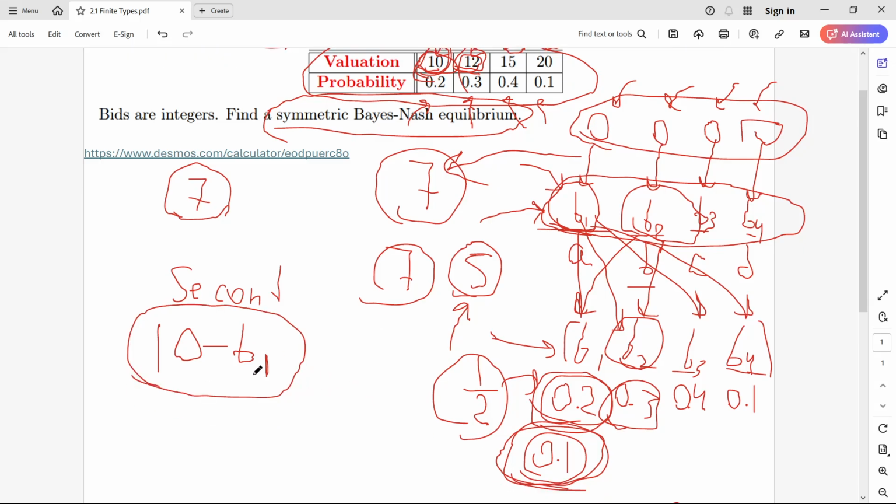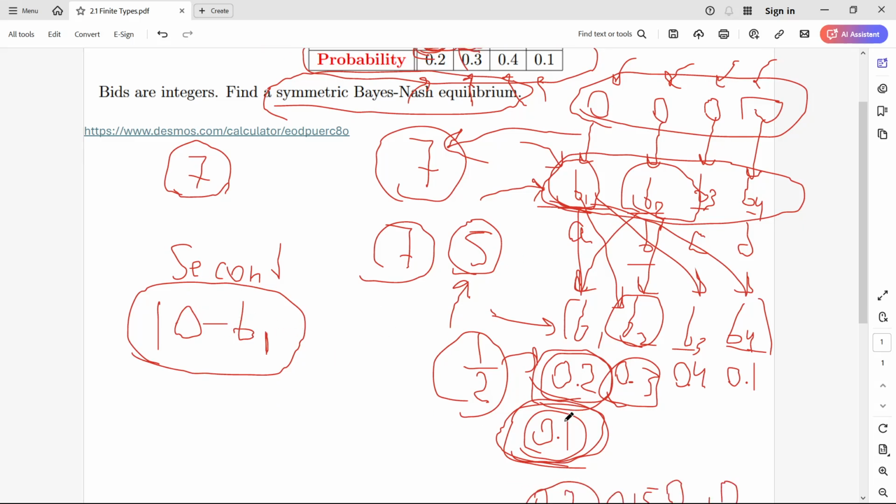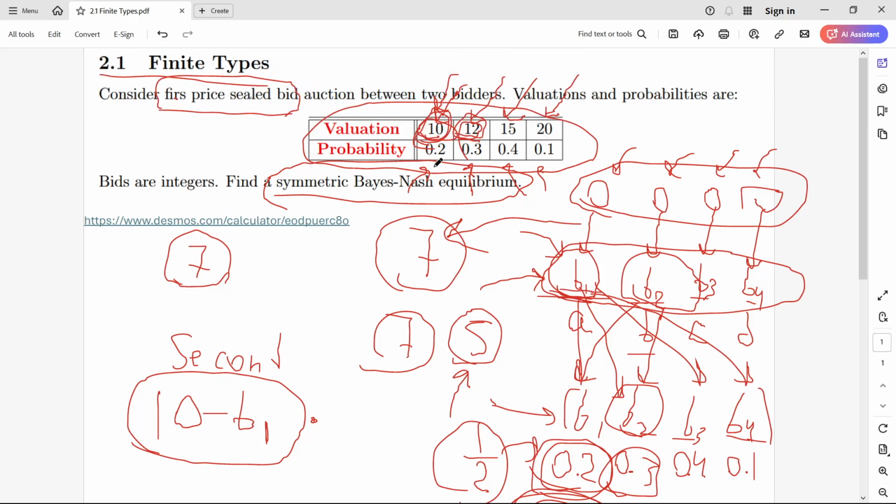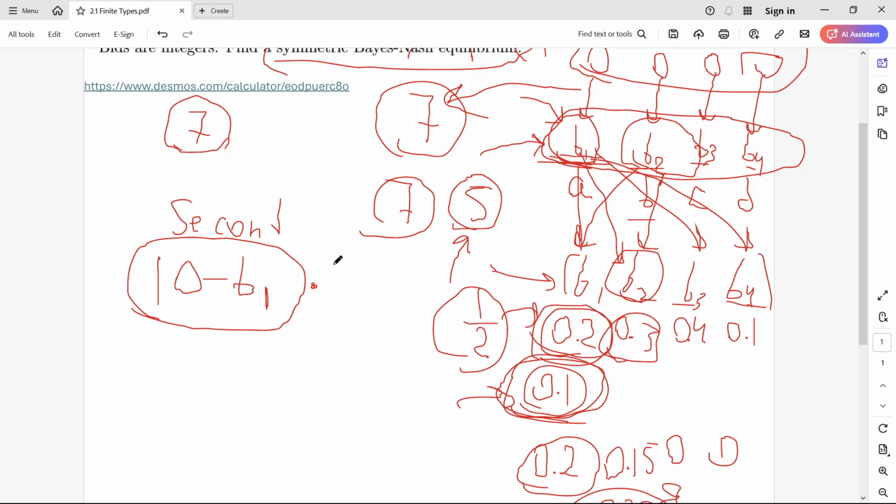So you are interested in the expected payoff of winning. If you look here, your probability of winning was 10%. So your expected payoff of playing bid 1 when you have valuation 10 is 10 minus B1 times 0.1.